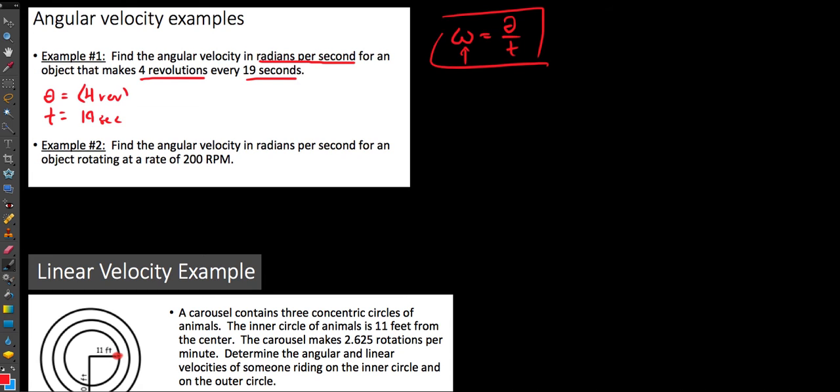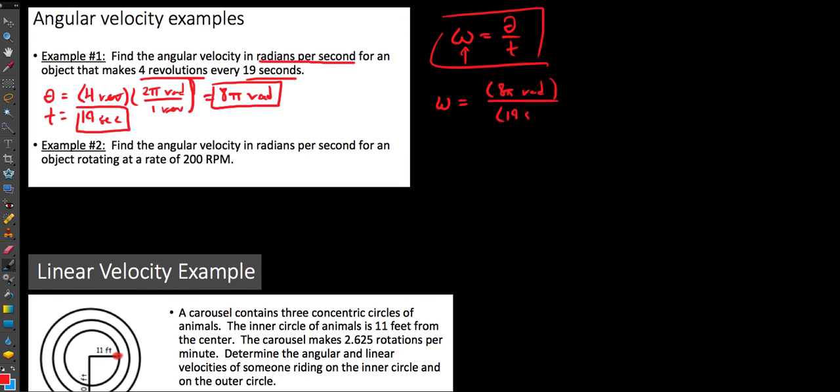So we take our 4 revolutions times 2 pi radians per 1 revolution, and the revolutions cancel out. We get 8 pi radians. If we want omega, all we do is take our angle, 8 pi radians, over our time, 19 seconds.